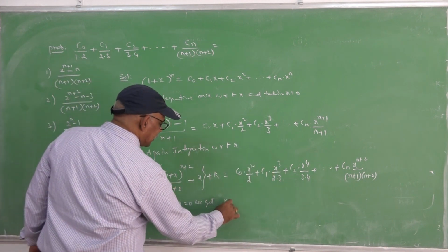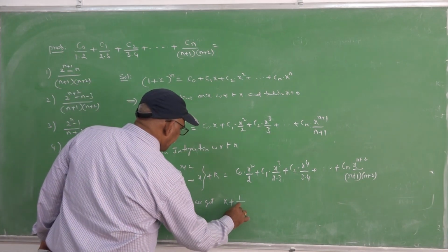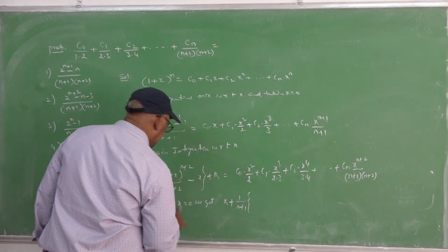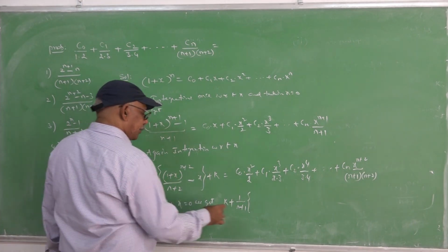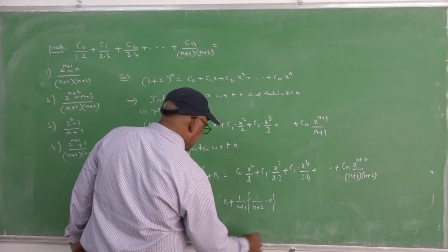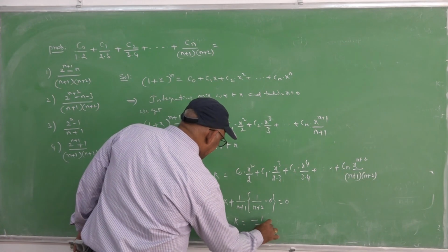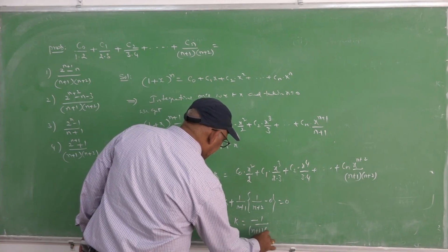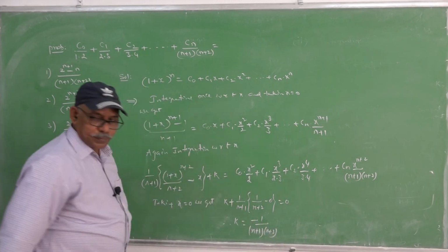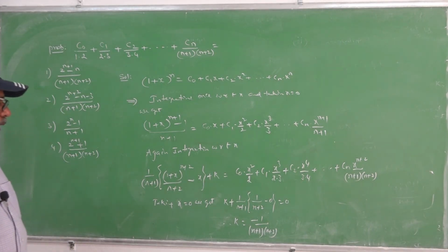So k plus 1 by n plus 1 into, taking x equal to 0, we get 1 by n plus 2 minus 0 equal to 0. k takes the value minus 1 by n plus 1 into n plus 2.